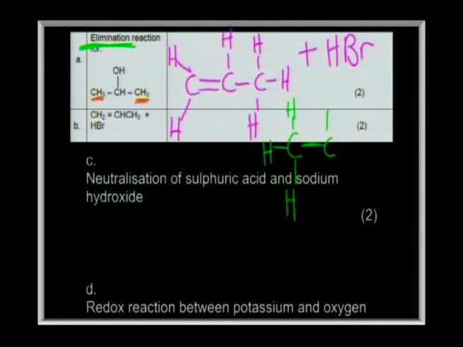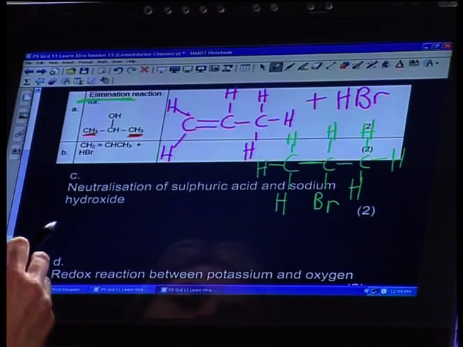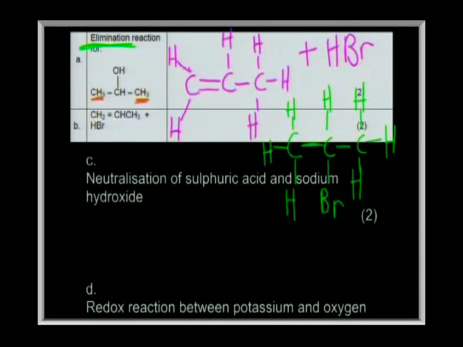Then let's put the bromine on the second carbon, and then CH3. A lovely example of an addition reaction, in this case the addition of hydrogen bromide to a compound called pentene. Right. Okay, so take a look at that for a second quickly before I erase it, because we do have to use the space now for our next question.